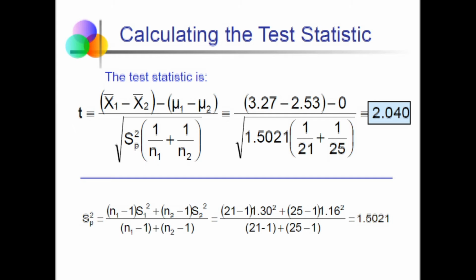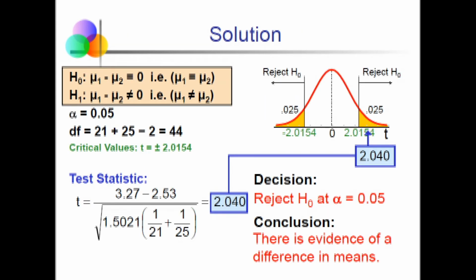Now, our null hypothesis is mu1 minus mu2 equals 0, which means there is no difference. And the alternative hypothesis is the opposite: mu1 minus mu2 is not 0.